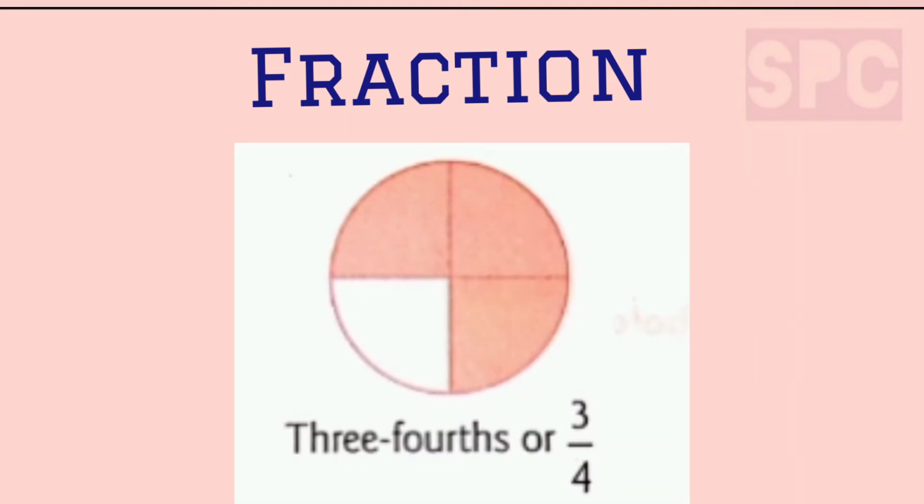Similarly, if we take 3 parts into consideration, then the fraction will become 3/4 or 3 by 4. So, whenever you have to write a fraction for the given image, numerator will be the total number of parts shaded, and in the denominator you will write the total number of parts in which the whole is divided.